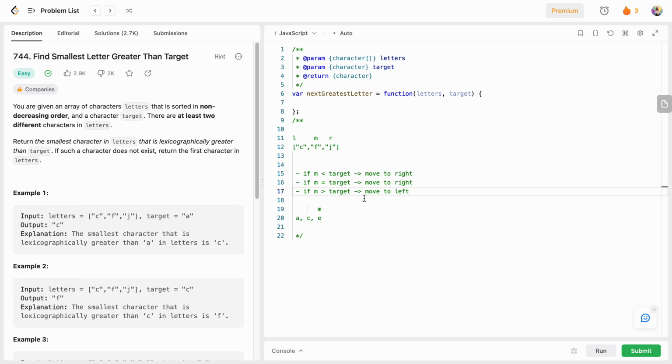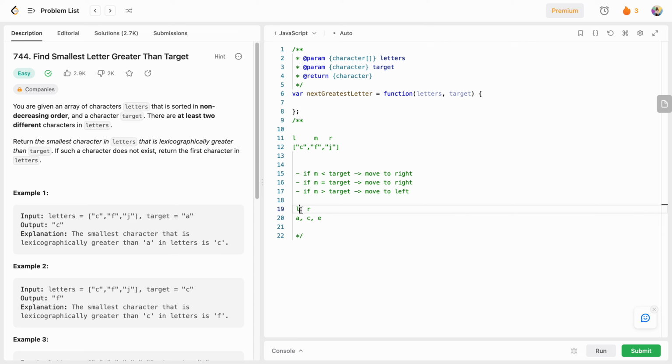Now once we have moved my pointer towards the left, let this be right. We are moving to the left half, which means we are moving the right pointer to the left. So in this case my right pointer is here, and my left pointer is still there.